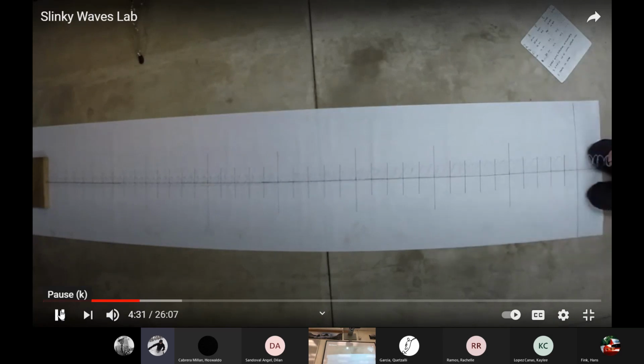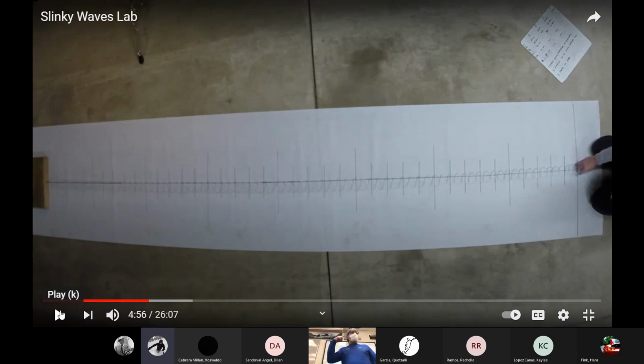Which is going to be the faster wave? Will the low amplitude wave or the large amplitude wave be faster? Or of course you can always predict that they might be the same. So what do you think? Which is going to be faster? Small amplitudes, which is the height of the wave, or large amplitude wave? Here we go with the small amplitude wave.